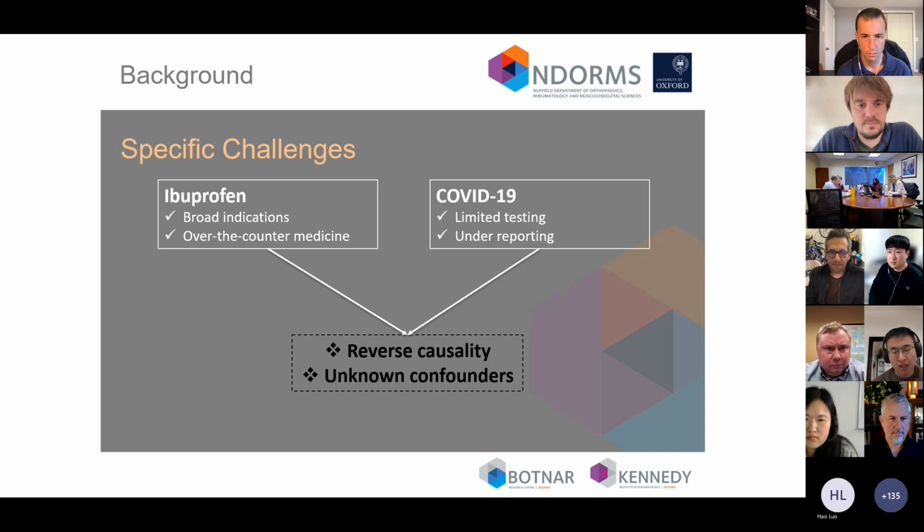But what concerns us most is the potential reverse causality issue, because it is common for people to use these drugs to treat COVID-related symptoms such as fever, and then later report the COVID diagnosis. And lastly, COVID is a novel disease, which means it's more difficult to identify the potential confounders based on clinical knowledge.